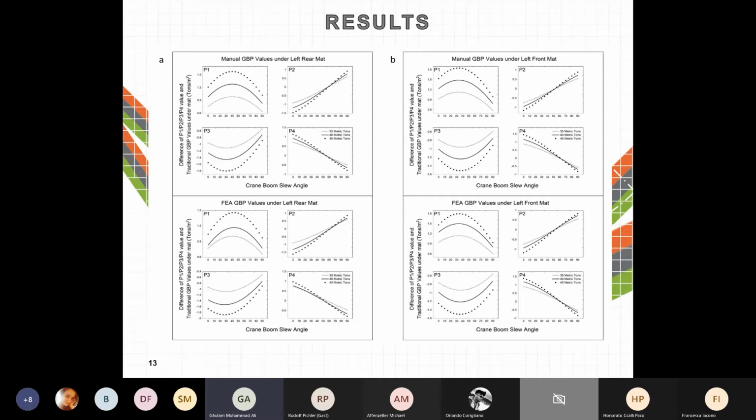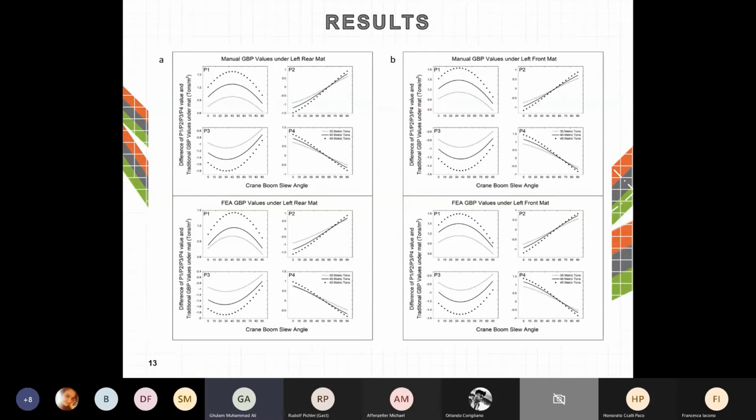We came to know that the results were very close, about 1 to 2 percent variation between the FEA values and the values which we got from our new method, and it shows that our new method is working very accurately and is giving the exact ground bearing pressure under the mat instead of just dividing the forces by area.